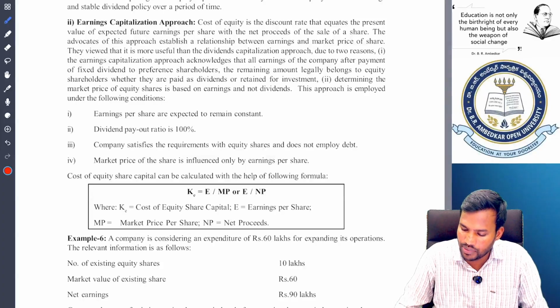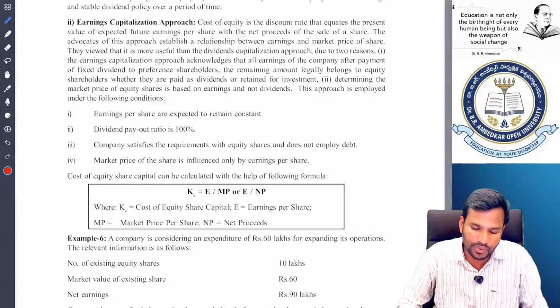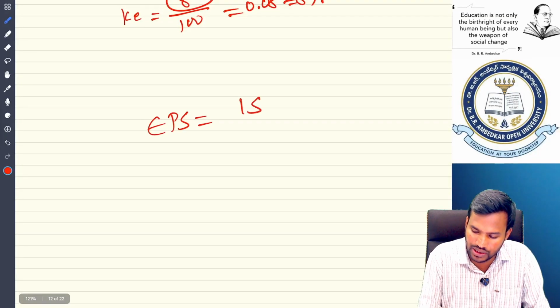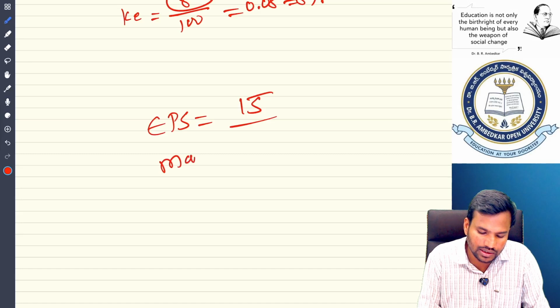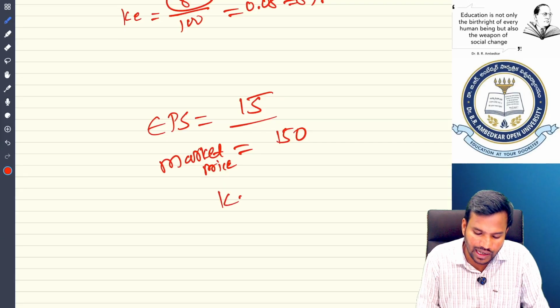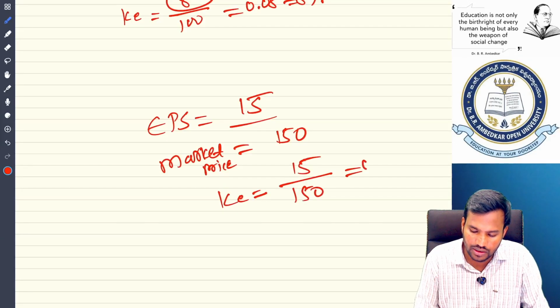Suppose earning per share, EPS, is equal to 15 rupees, and market price is 150. Then cost of equity is equal to 15 divided by 150, 0.10, which is 10%.